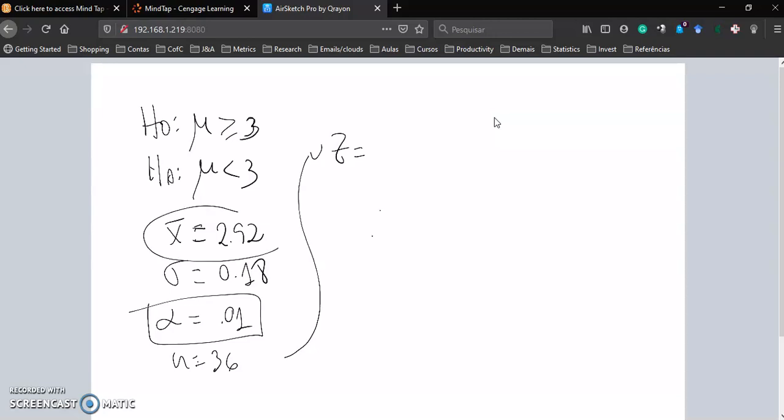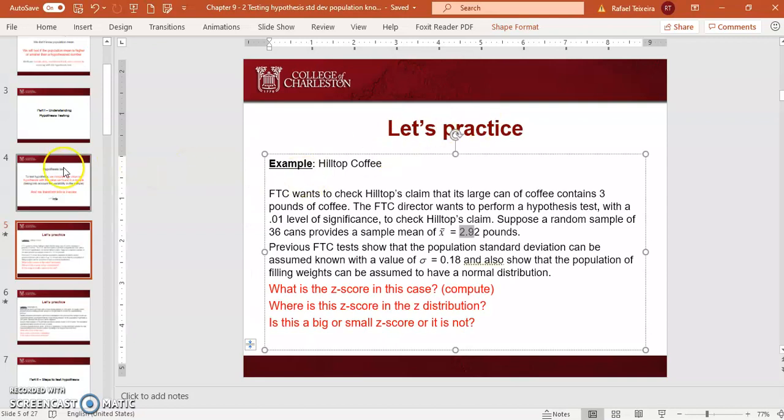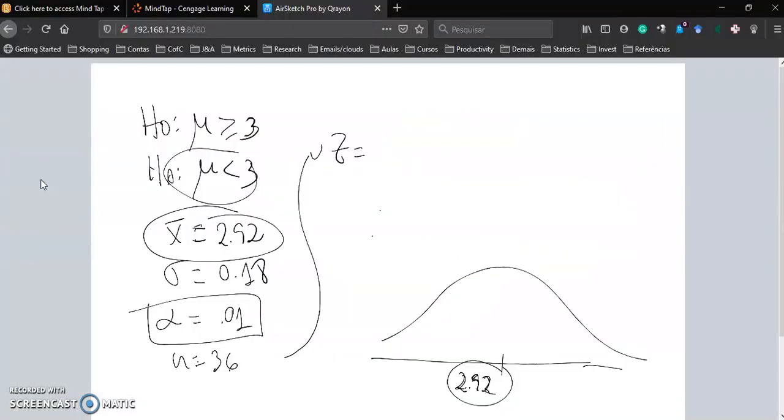If I show this distribution, 2.92 would be below the mean of 3, somewhere here. But I have to turn this 2.92 into a z-score. I standardize the score considering the standard deviation we have in the population. So how do I standardize? We have the tool here.